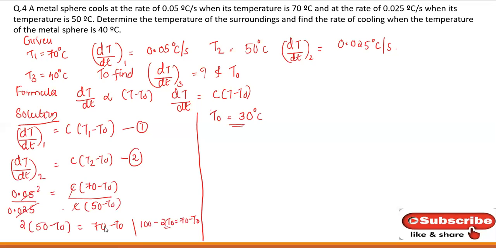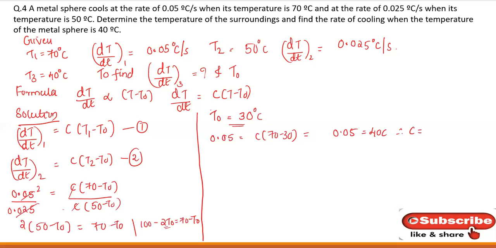Now, substituting the value of T0 in equation number 1, we will get 0.05 is equal to C into 70 minus 30. 70 minus 30 is 40.